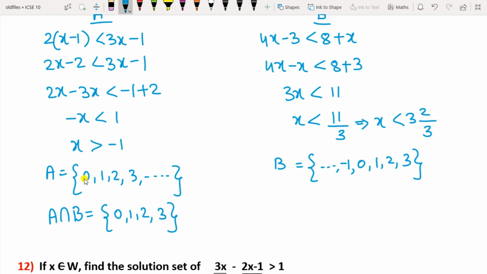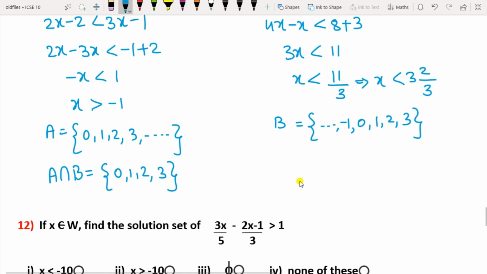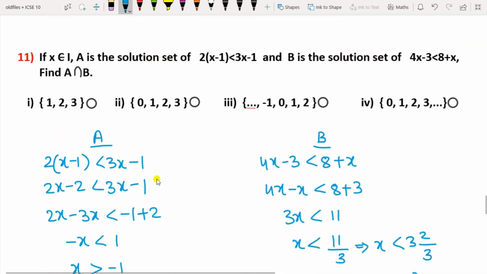So the set of A will be here 0, 1, 2, 3, as x is greater than minus 1, and x is here less than 3 2 by 3, and as the set is of integers here, it is I. Okay, so now you have to find the intersection. The common points between A and B are 0, 1, 2, 3. You can see here 0, 1, 2, 3. So 0, 1, 2, 3 is the correct option. So the second option is the correct one.